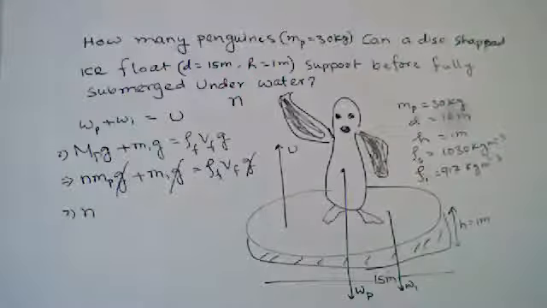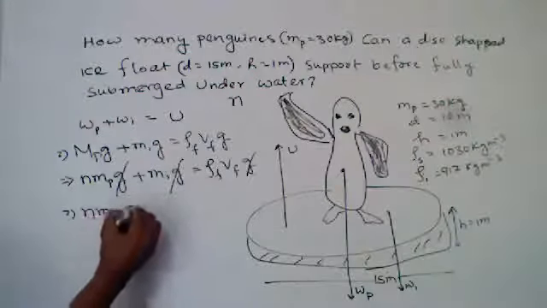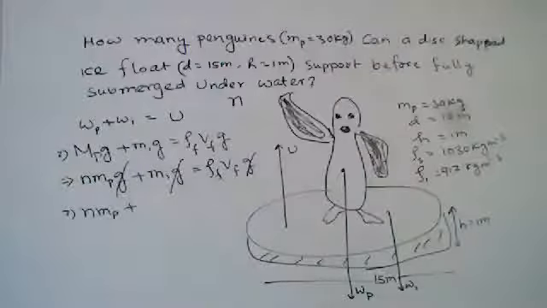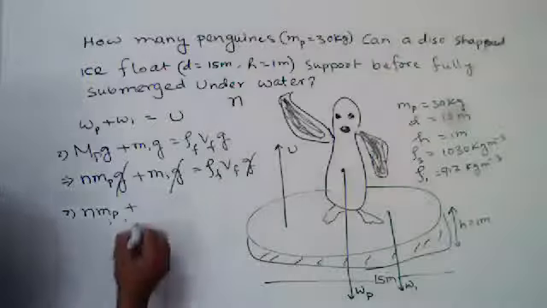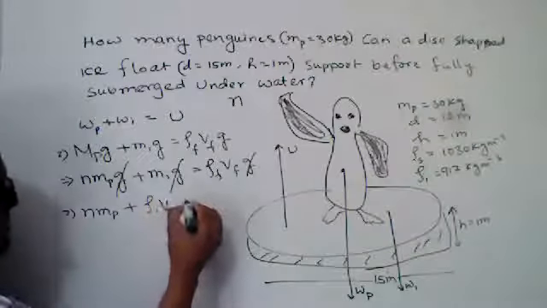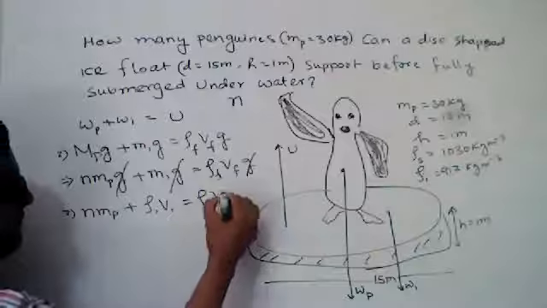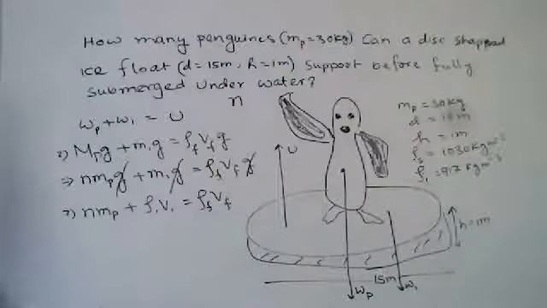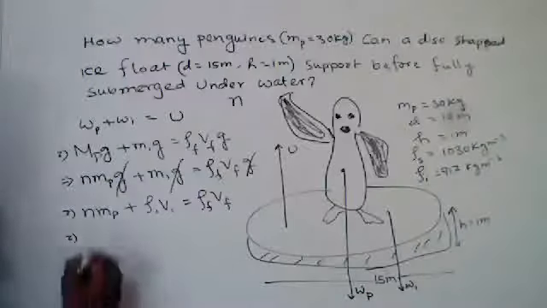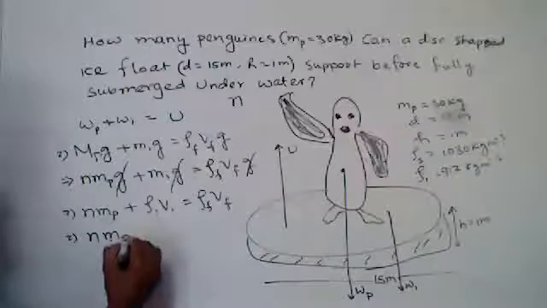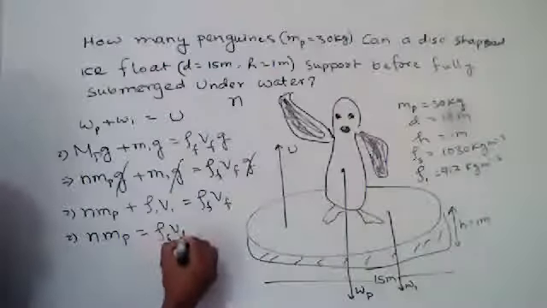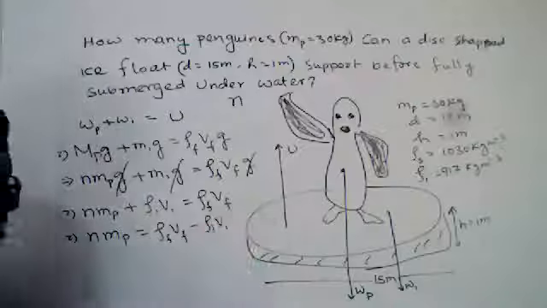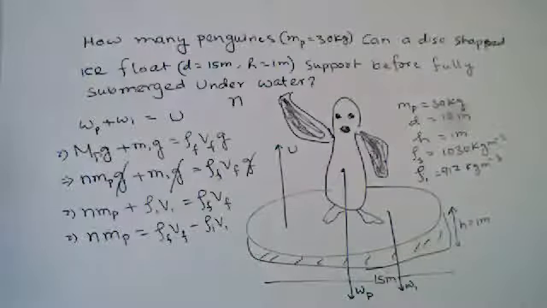We know MP, but we do not know the value of MI. So we can write rho I VI equals rho F VF, density of the ice into volume of the ice equals density of the fluid into volume of the fluid. So n MP equals rho F VF minus rho I VI.